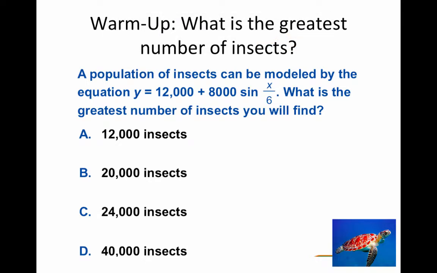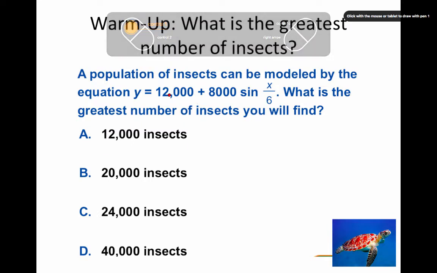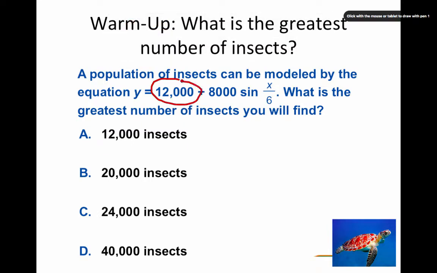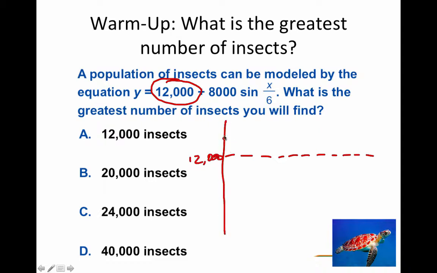Population of insects can be modeled by the equation y equals 12,000 plus 8,000 sine of x plus x over 6. What is the greatest number of insects you will find? Well, based on what you know about transformations already, this is going to move the whole graph up 12,000, and that'll be like our midline. Then from that 12,000 we're going to have an amplitude of 8,000.